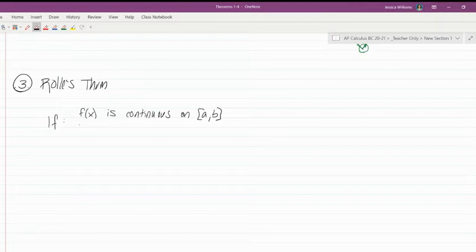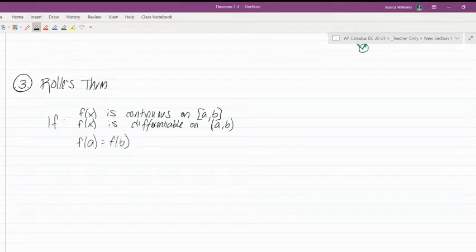That's condition 1. If it is differentiable on an open interval (A, B), we can talk about why that one's open and that one's closed, but let me write the last one. And if f of A equals f of B.